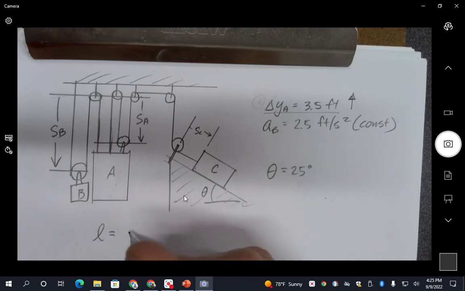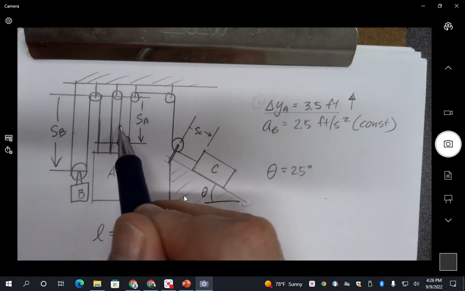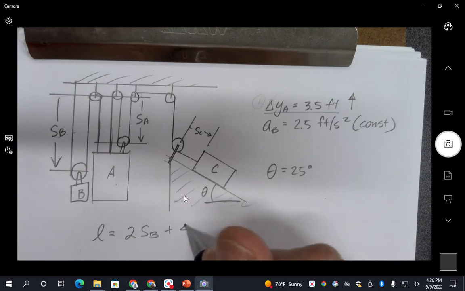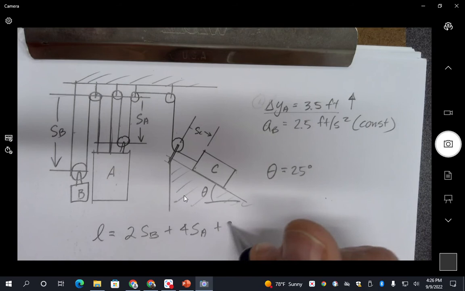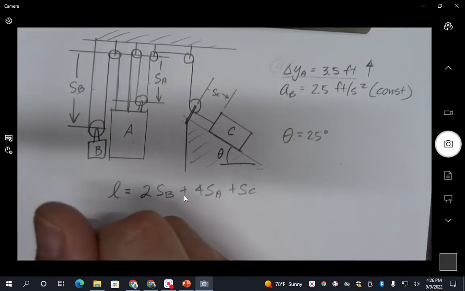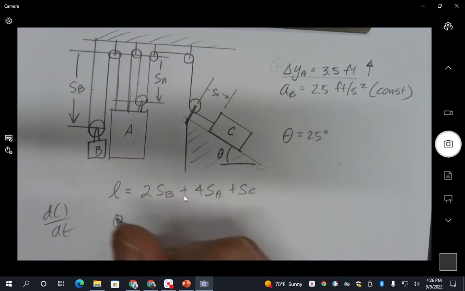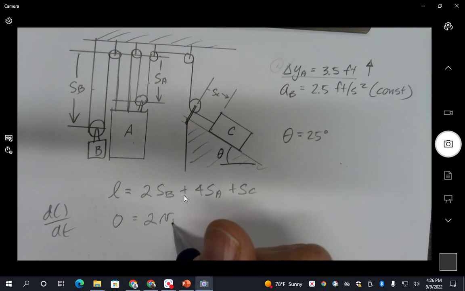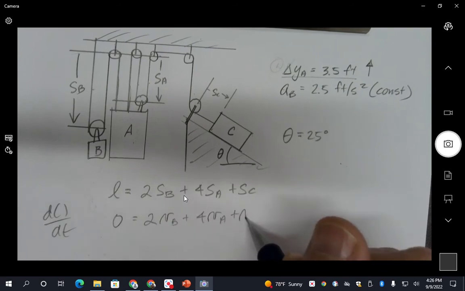So the length is going to be, looks like 2 SB plus, double check it here, 1, 2, 3, 4 SAs, and then plus an SC. So we take the time derivative of those, and we get 0 equals 2 VB plus 4 VA plus VC.